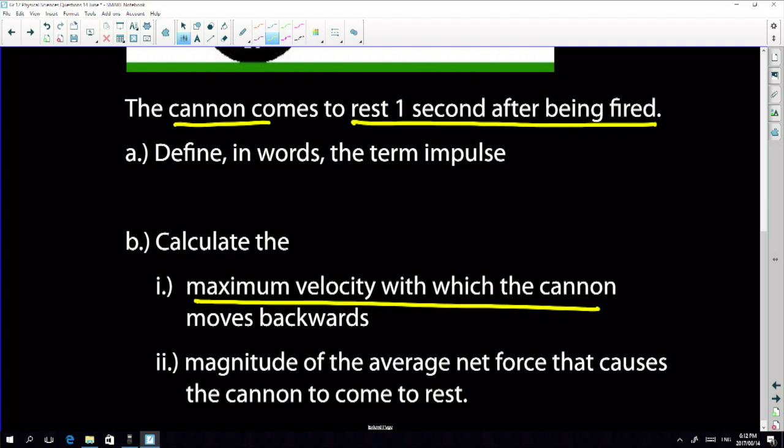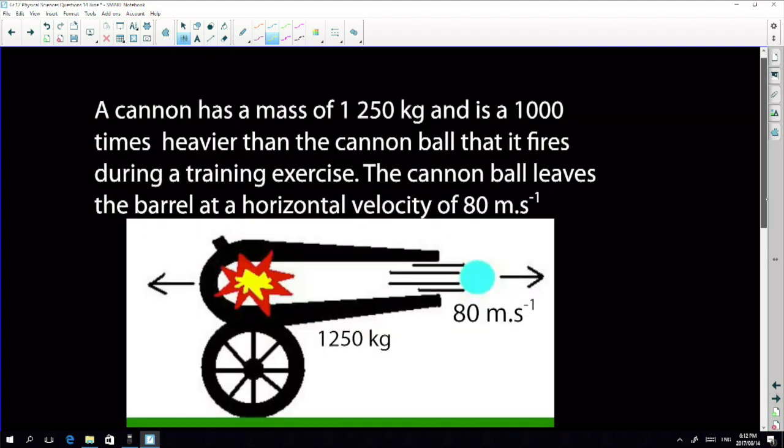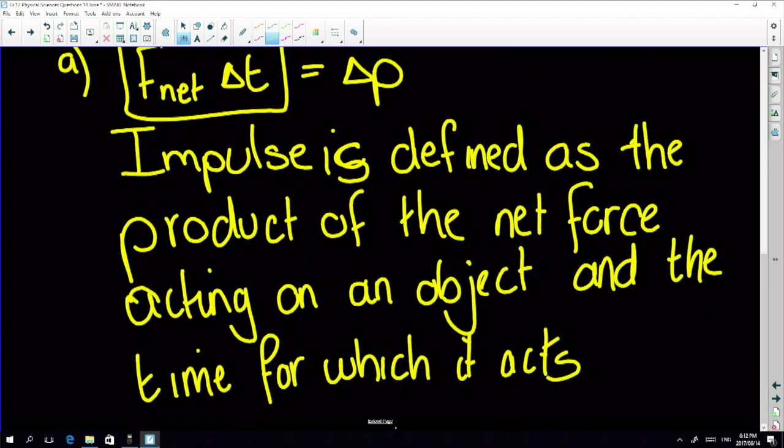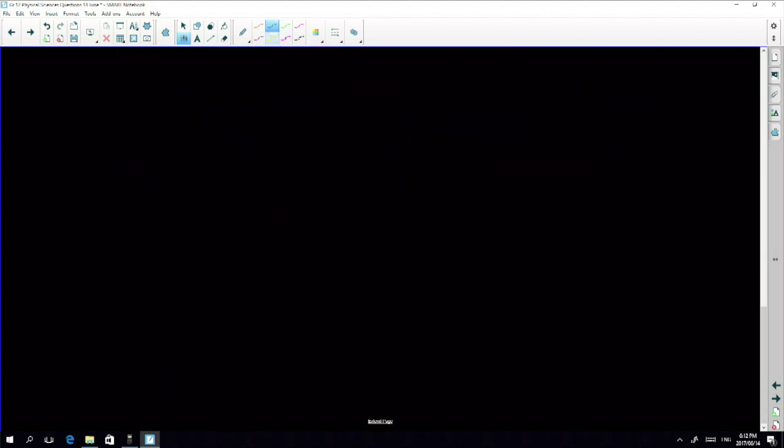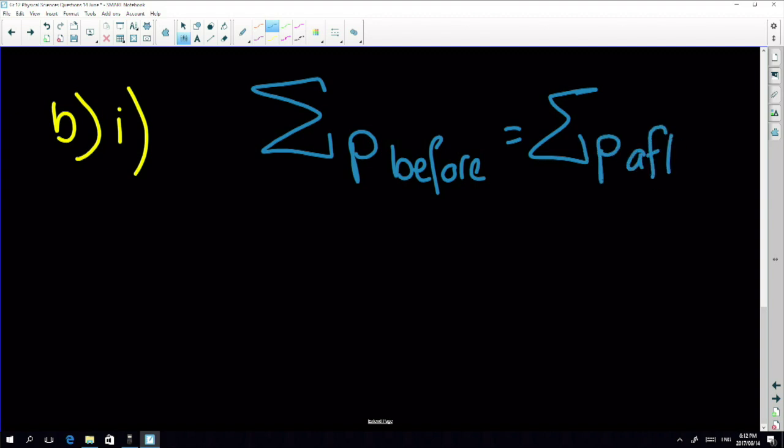This is part of the separation moment. That is conservation of linear momentum. So, watch. We now go, so this is B, question 1. Sigma p before equals, remember that's the sum of the momentum before equals the sum of the momentum after.